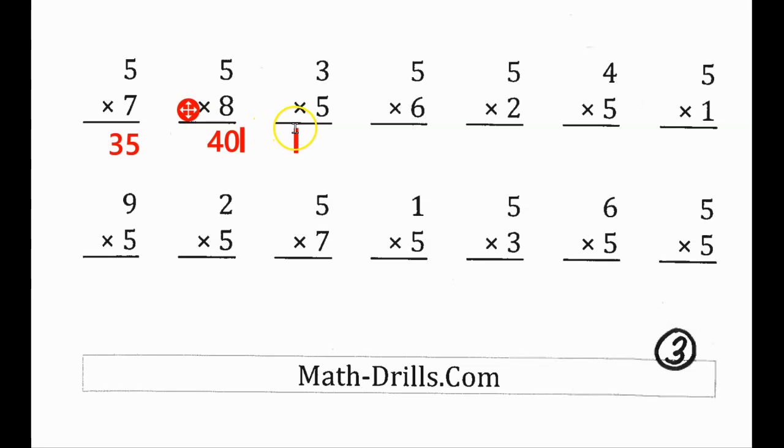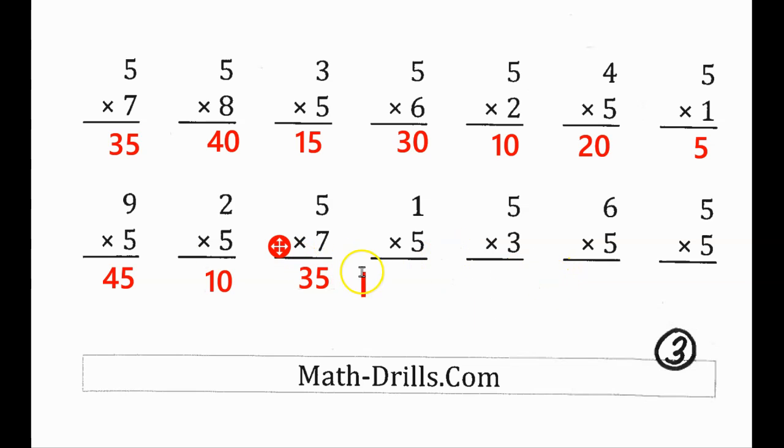Okay. 3 times 5? 15. 5 times 6? 30. 5 times 2? 10. Okay. 4 times 5, 20. Good. 5 times 1, 5. Okay. 9 times 5, that's 45. 2 times 5, 10. 5 times 7, 35.